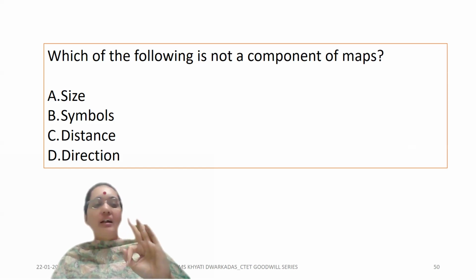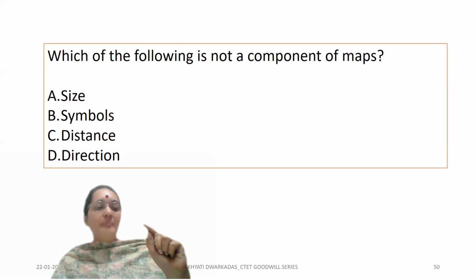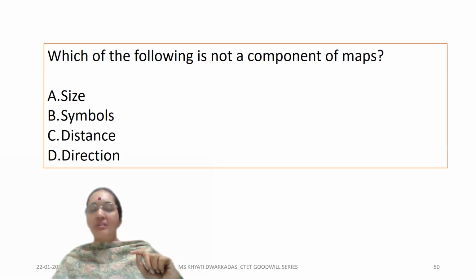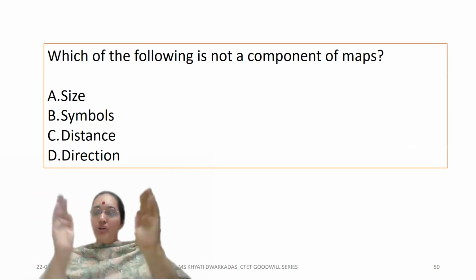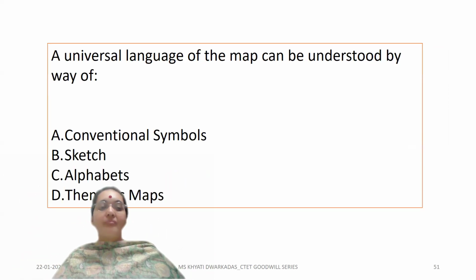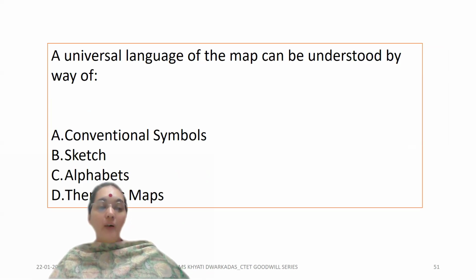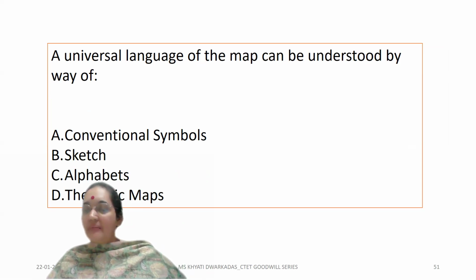We've done only 3 components of maps today, and I was very clear in showing that: symbol, distance, and direction. Size does not matter whether the map is so huge or so tiny. It is not going to matter.